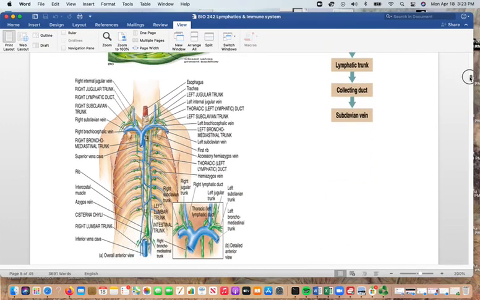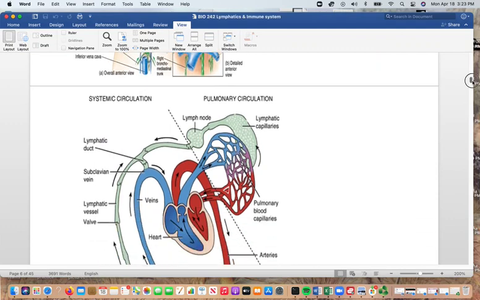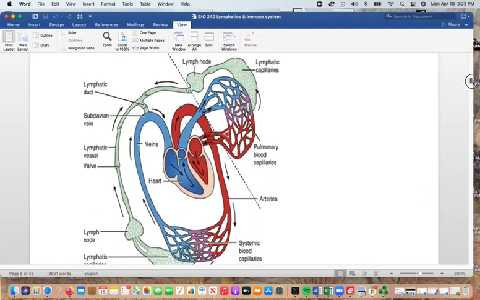So this is another diagram here showing the drainage from the body into the lymphatic vessels. So here you've got the lymphatic duct. Things are going to go to the lymph node, lymphatic capillaries.